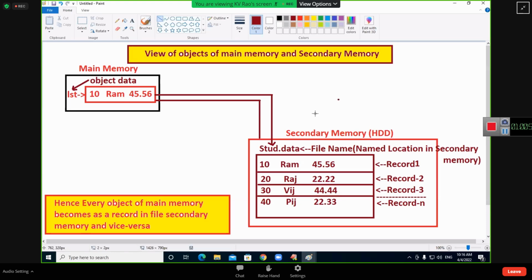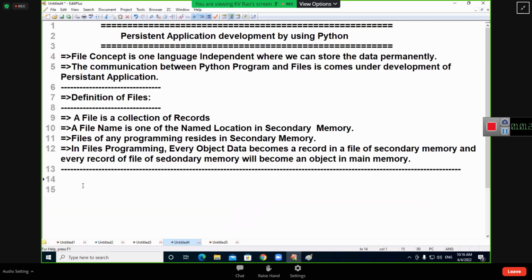So I hope it is going to be more clear for you about main memory and secondary memory. There is a flow between them. This indicates that it is one type of stream we can call. The flow between main memory and secondary memory is called what? Stream. Sometimes people ask, one or two times I came to know in some FAQs, this definition. Definition of what?